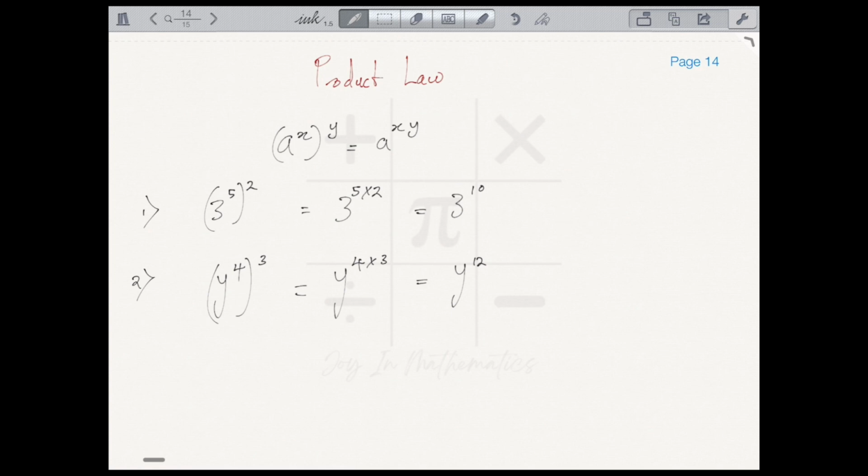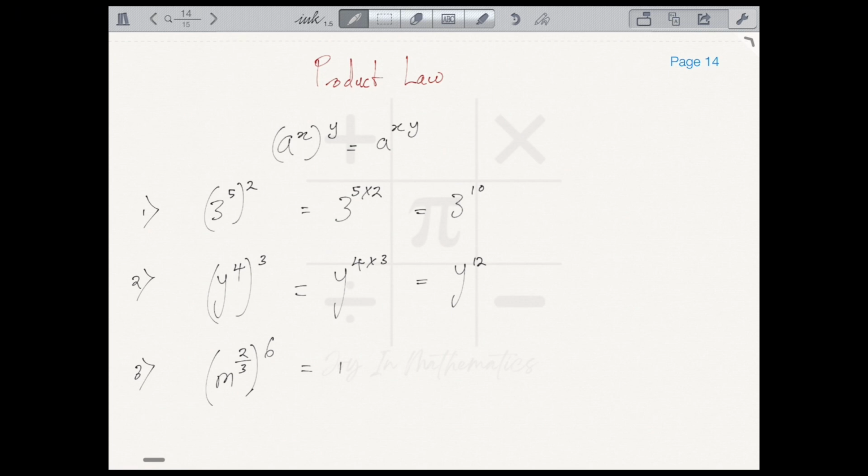Let's take another example. We have m raised to the power of 2 over 3, all raised to the power of 6. Now this concept of power, which is called fractional indices, will be considered later in the course.